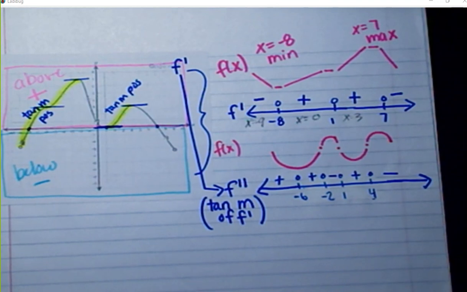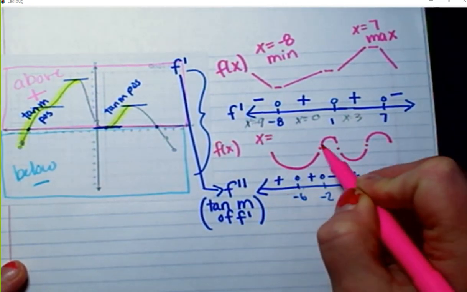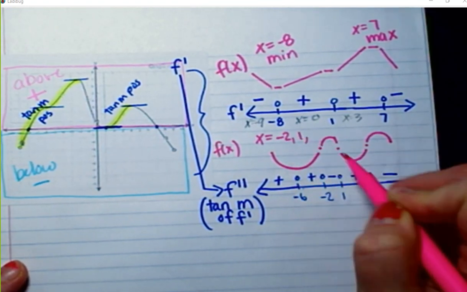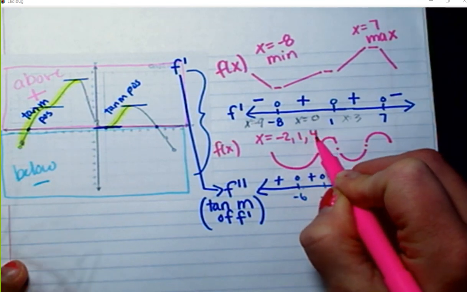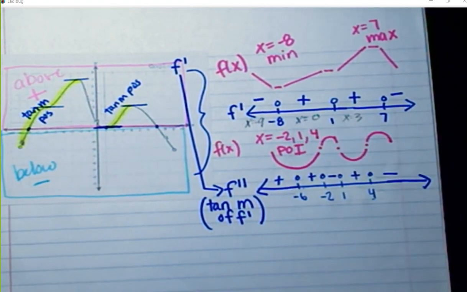Those points were to show me points of inflection because the concavity was changing. So x equals -2, 1, and 4 are where the points of inflection are. Now notice that was f of x I was answering about.